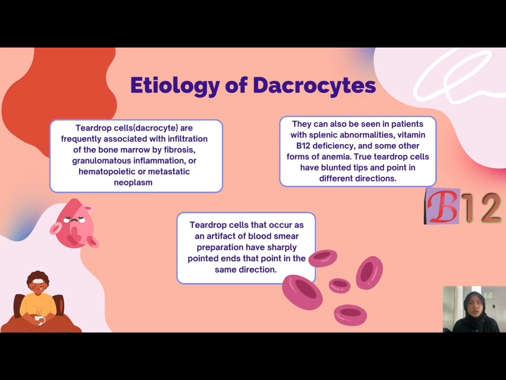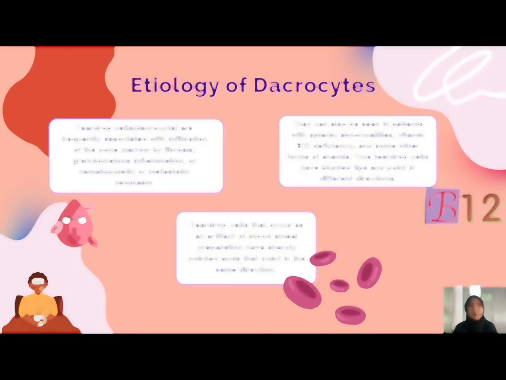True teardrop cells have blunted tips and also point in different directions. Teardrop cells that occur as an artifact of blood smear preparation have sharply pointed ends that point in the same direction. The presence of teardrop cells may indicate anemia caused by bone marrow not producing normal blood cells due to toxins or tumor cells.